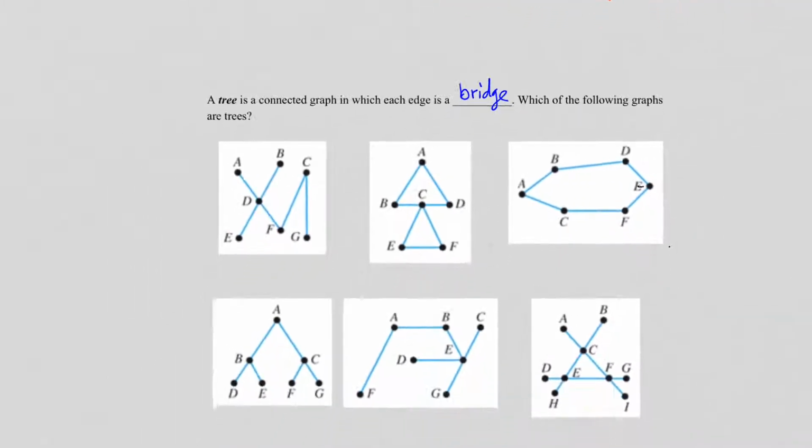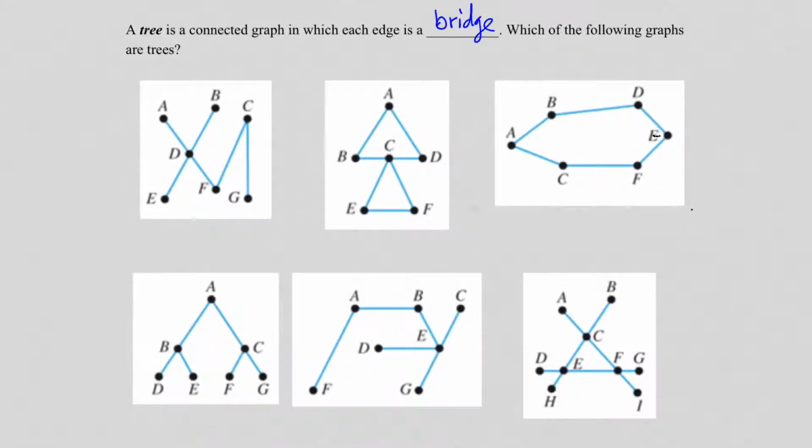All right, so if you look, which of the following graphs are trees? Well, let me tell you a quick way to recognize something that's not a tree, okay? So if it's not a tree, there is an edge, well, in reverse, that is not a bridge.